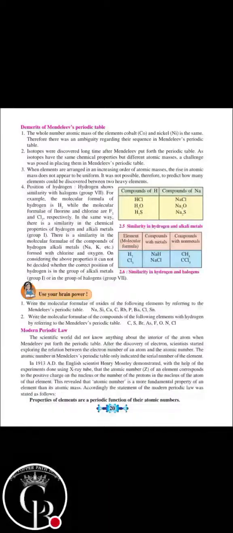Mendeleev's periodic law was modified into the modern periodic law, and it can be stated as: the chemical and physical properties of elements are the periodic functions of their atomic number. In the modern periodic table, the elements are arranged in the order of increasing atomic number.